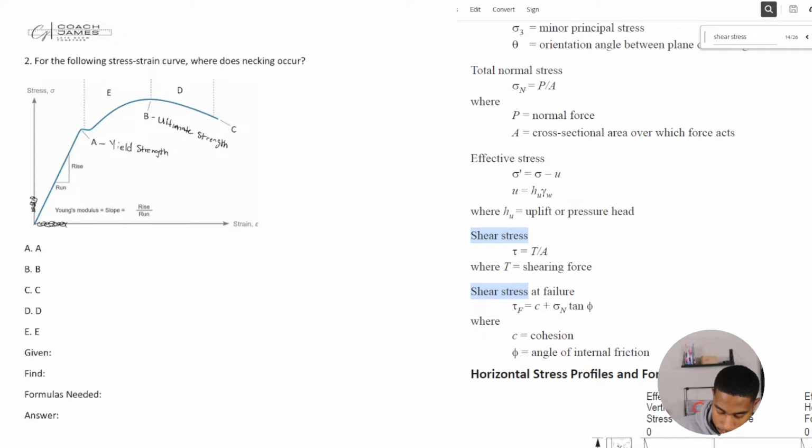You're adding strain. It's not going to return to its original shape, but at a certain point, the stress is the maximum stress that it's going to be, right? If it's happening here, that's the max stress that it can possibly hold before other things begin to happen.